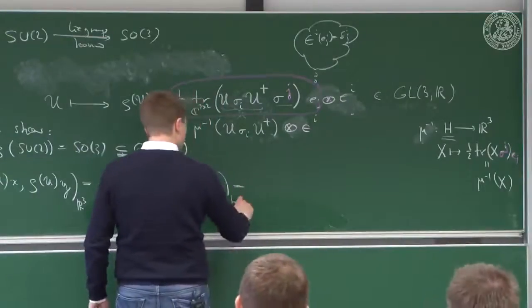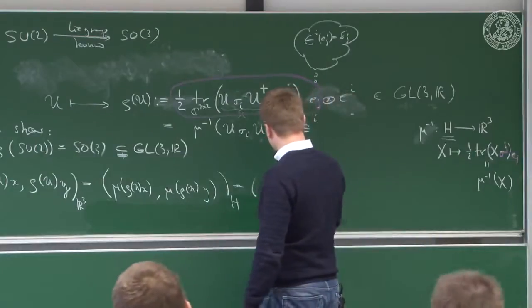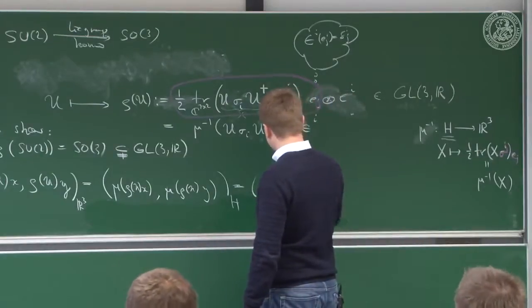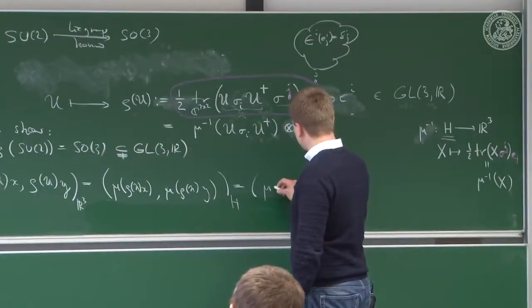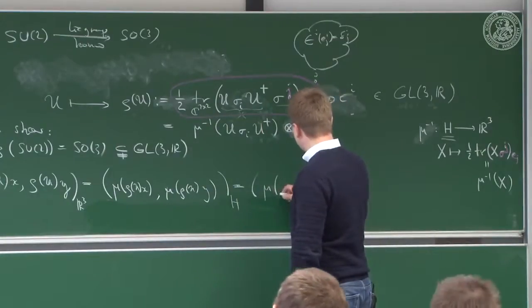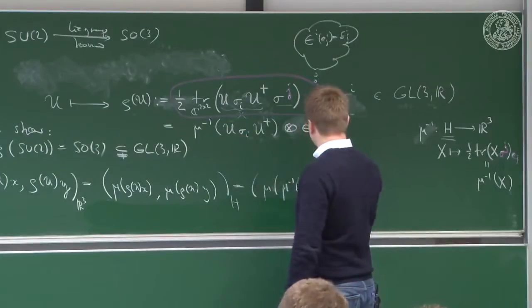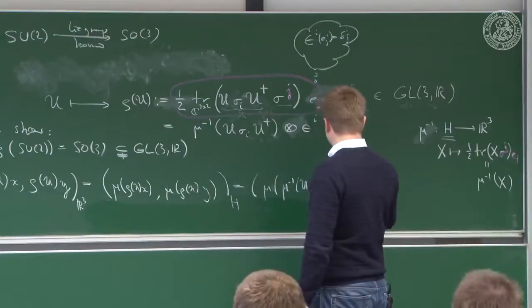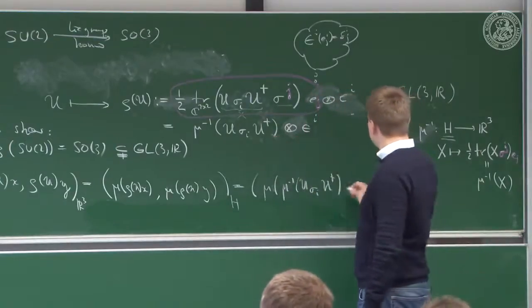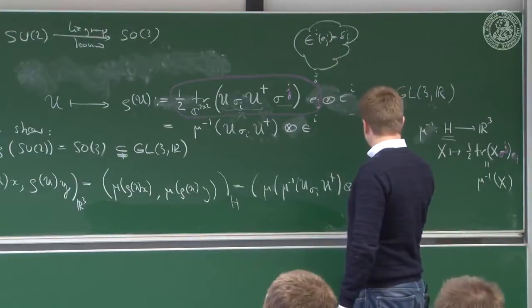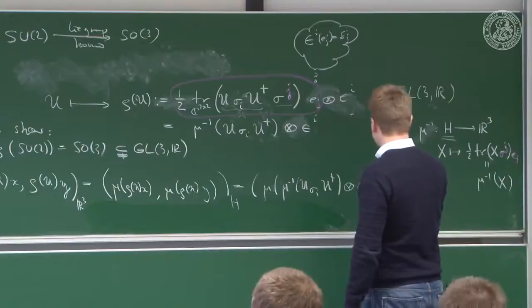So this is again the H inner product. And so now for your peace of mind, I write it out. It's mu of mu inverse of u sigma I u dagger, that correctly ends here, tensor epsilon I on x, close bracket.